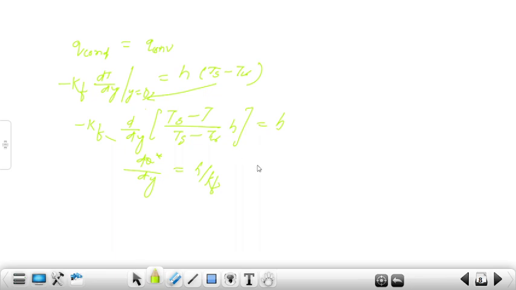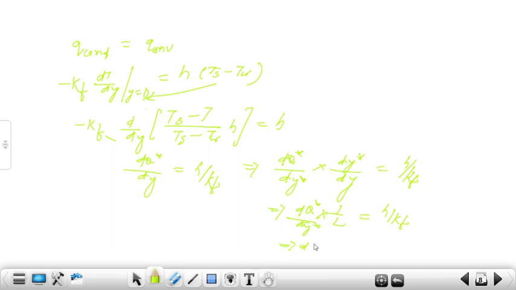Okay, then apply chain rule. d theta star divided by dy star into dy star divided by dy is equal to h by Kf. So d theta star divided by dy star, and dy star divided by dy we know from the previous page, which is equal to 1 by L, is equal to h by Kf.